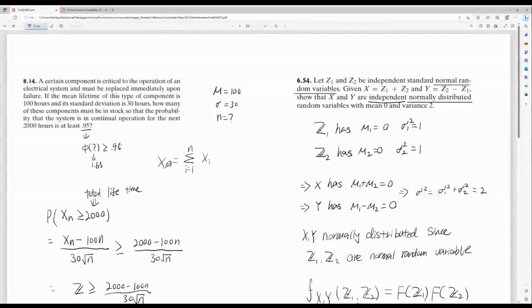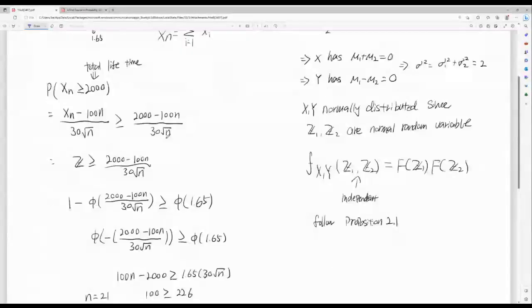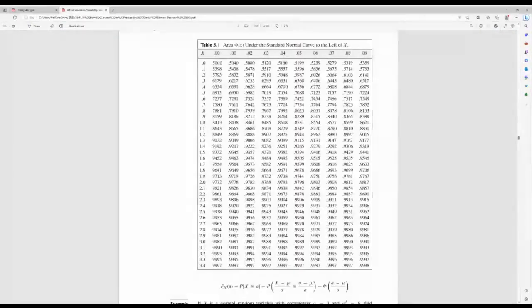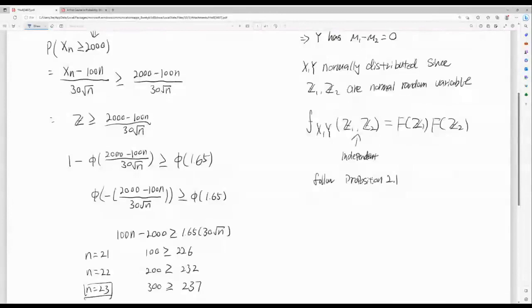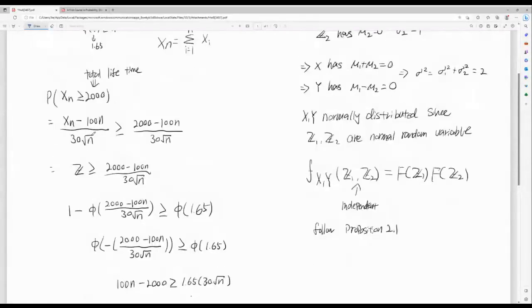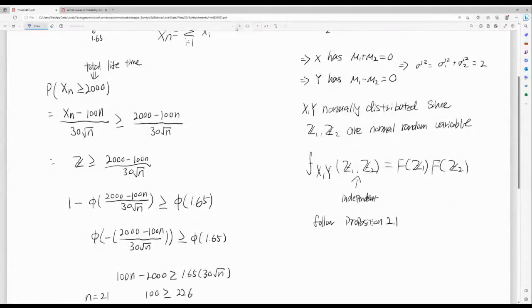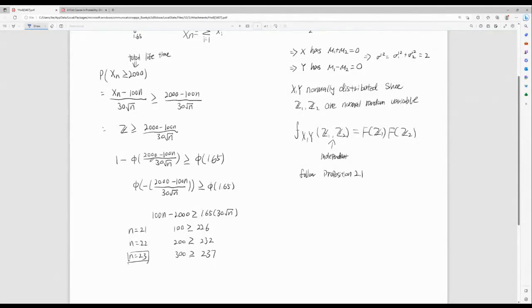And the Xn is the sum of X1, X2, all the way to Xn. And we use the central limit theorem. And then we just plug in, do the calculation, and then we got this, but we can rewrite this to this term. And we know this is equal to 1.65.